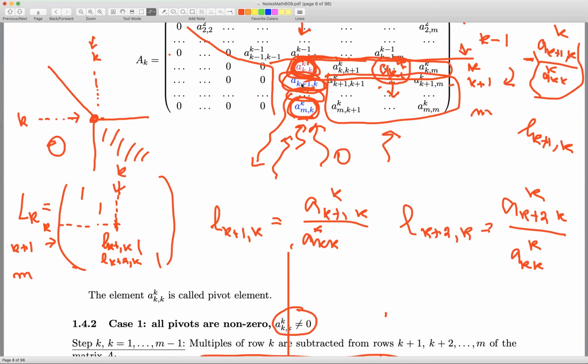So everything that sits on position K plus 1, K is the ratio of the current element that sits there divided by the pivot. The element L with index MK is the ratio of the current element that sits on position MK divided by the corresponding pivot element. This is how we create the numbers LJK.